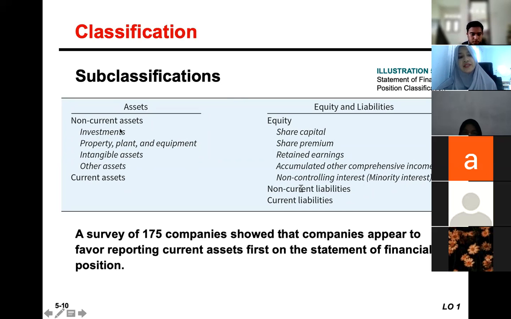When they structure their assets on the statement of financial position, they will present the current asset first rather than the non-current asset. Actually, there is no requirement which one to put first.